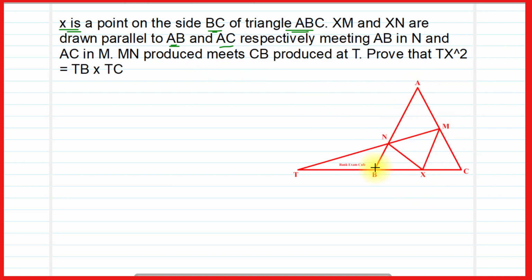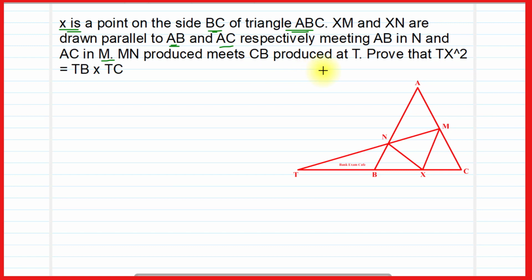XM is drawn parallel to AB and XN is drawn parallel to AC, meeting AB in N and AC in M, where XN meets side AB in N and XM meets AC in point M.